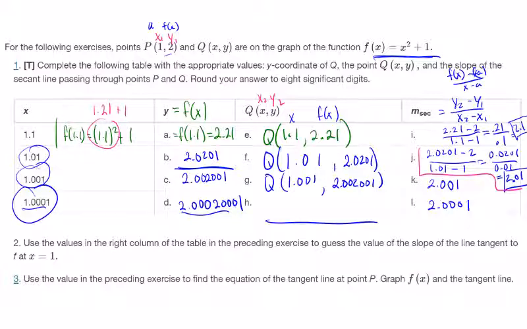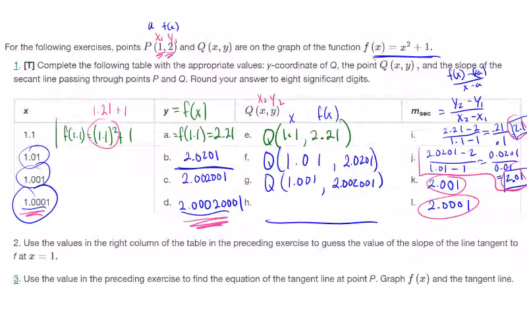So what I want you to do is think about this pattern here. What's happening as we get this number closer and closer to 2 and this number closer and closer to 1? This number goes from 2.1 to 2.01, 2.001, 2.0001.